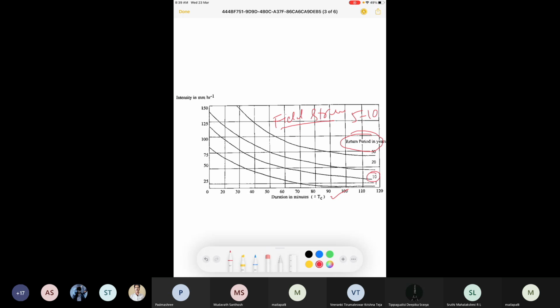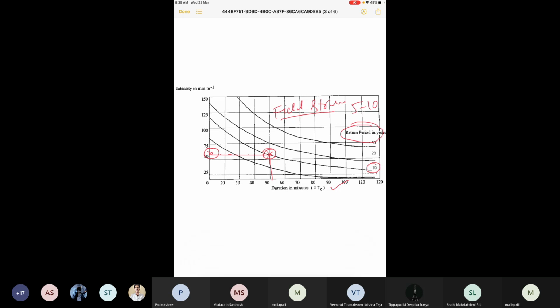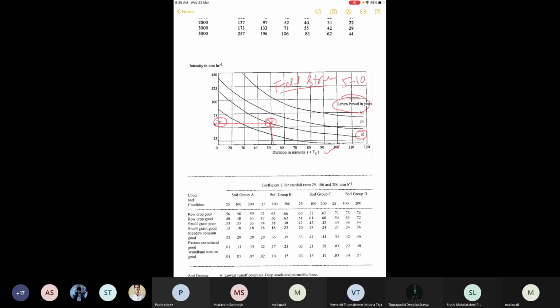Then I'm hitting this curve here, and the corresponding value will be my intensity. That will be 60 mm per hour. So in order to find out I, this is the procedure we need to follow.